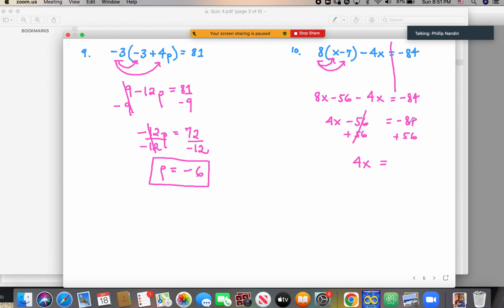Well, negative 84 plus 54 will be negative 30, so this is negative 28. And again, sit here and make sure you add and subtract your integers correctly. I divide by 4 on both sides. X equals negative 28 divided by positive 4 is negative 7. And I'm done with that.